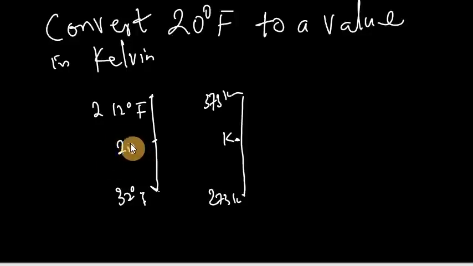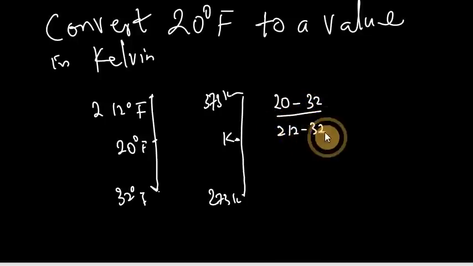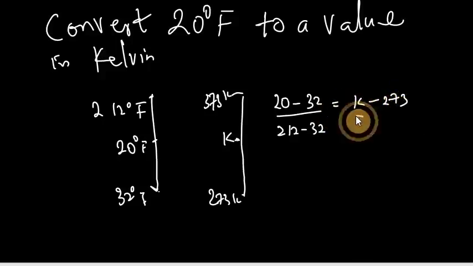So let us say this is 20 degrees Fahrenheit. Following a similar method we did before, we have 20 minus 32 upon 212 minus 32 equals K minus 273 upon 373 minus 273.